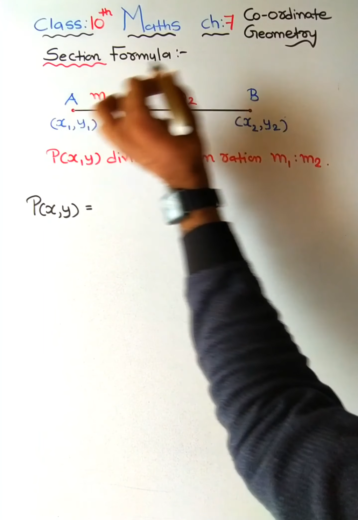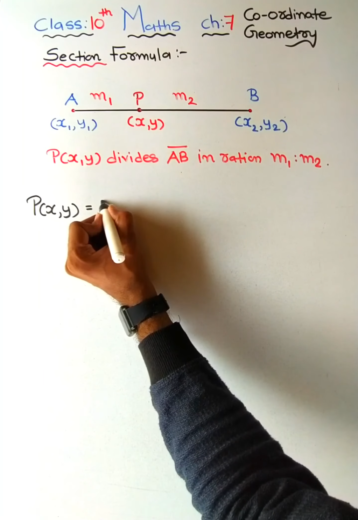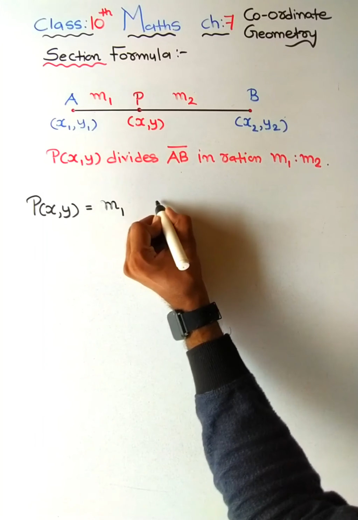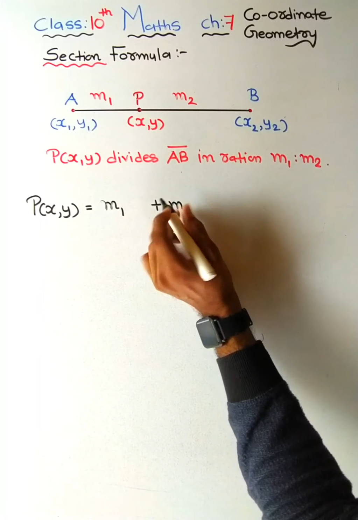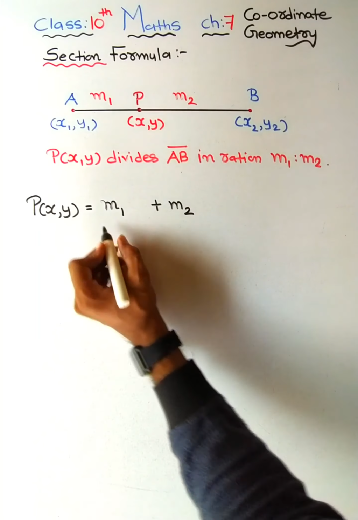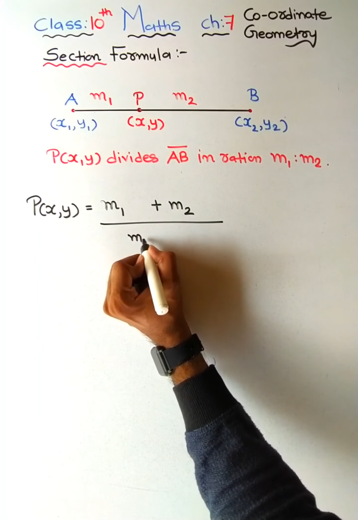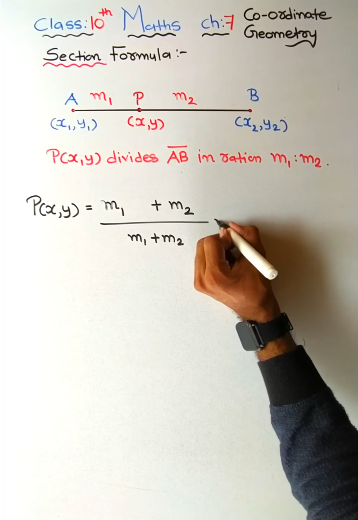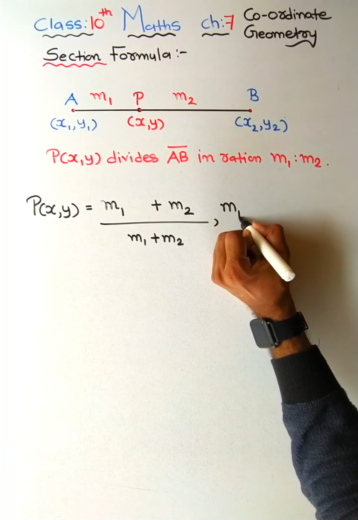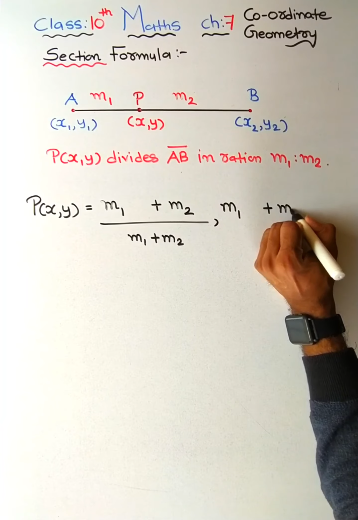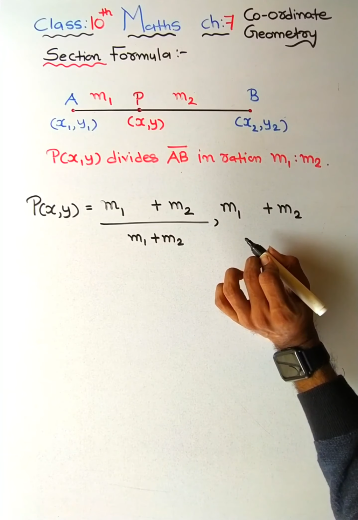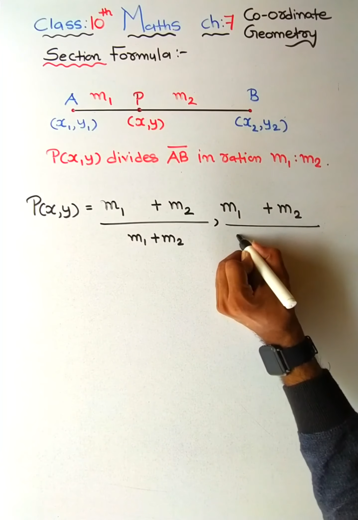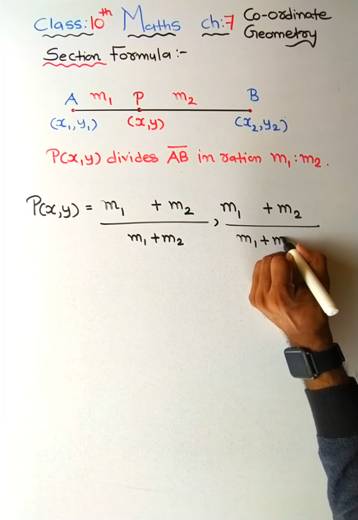Here the ratio is m1 and m2. So in short, what you will do, m1 m2 upon m1 plus m2. This is the shortcut that I am telling you. Here also you repeat the same thing, m1 m2, okay, and upon m1 plus m2.